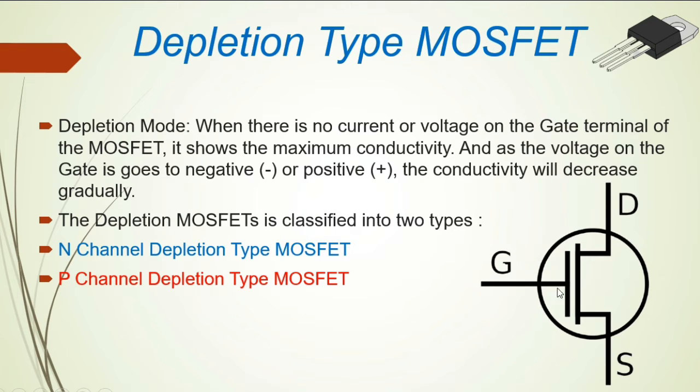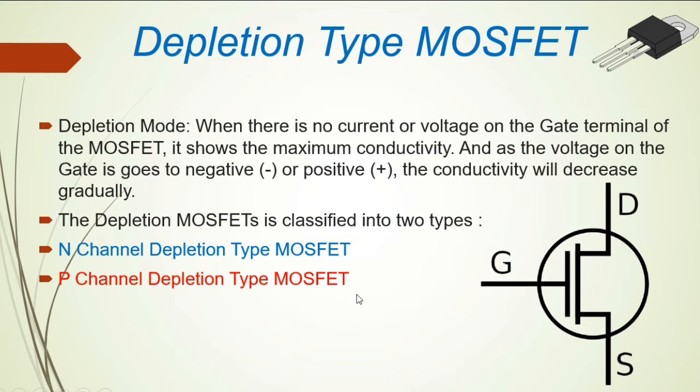And if the voltage on the gate goes negative, the conductivity will decrease gradually. So the depletion MOSFET is classified into two types: N-channel depletion type MOSFET and P-channel depletion type MOSFET.